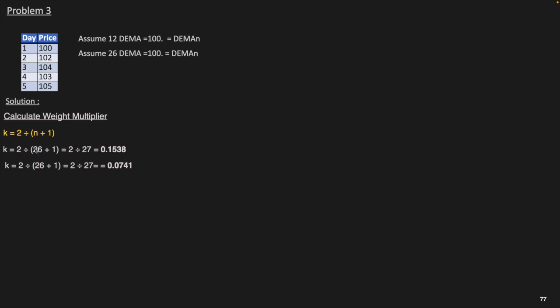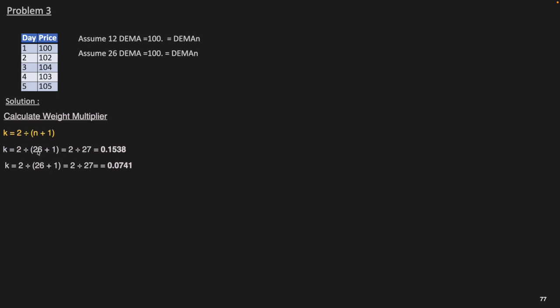Here you do the correction. Since we have calculated it for 12, it is not 26, it is 12 here. Please make that correction here. This is wrongly typed. This is a typo error. This cannot be 26 because we are calculating the value of K for the 12 period and also for the 26 period.